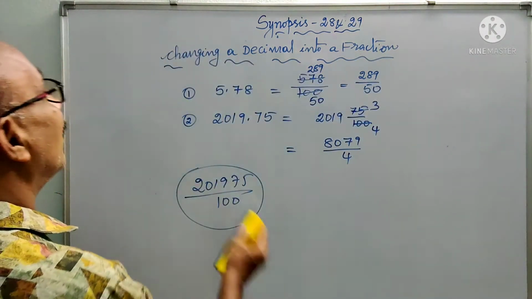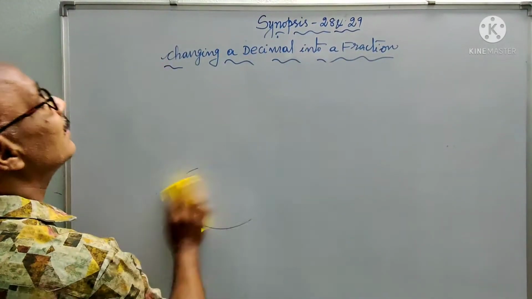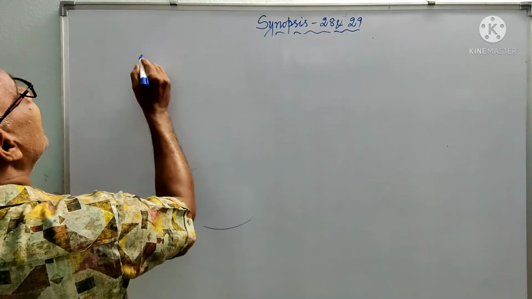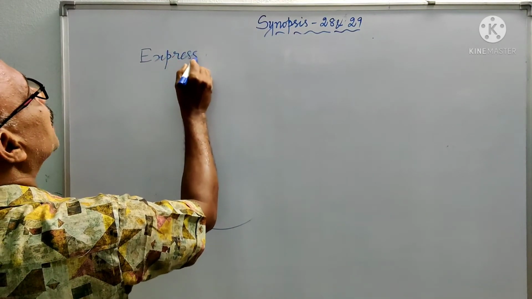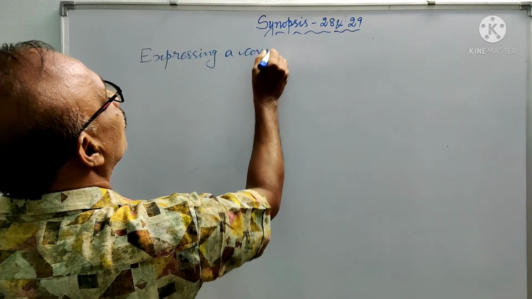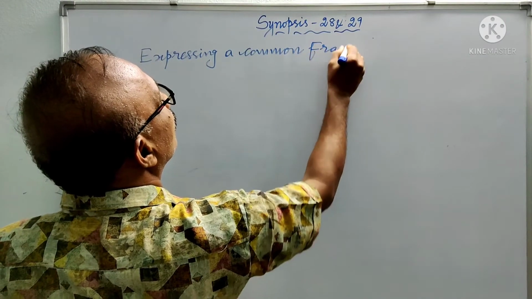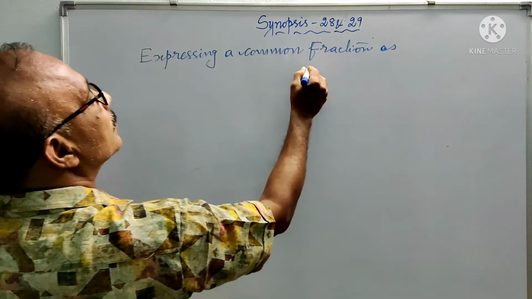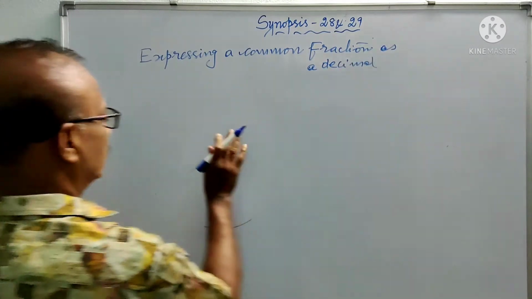Now, next one. A common fraction into a decimal fraction. That is the reverse conversion: expressing a common fraction as a decimal.